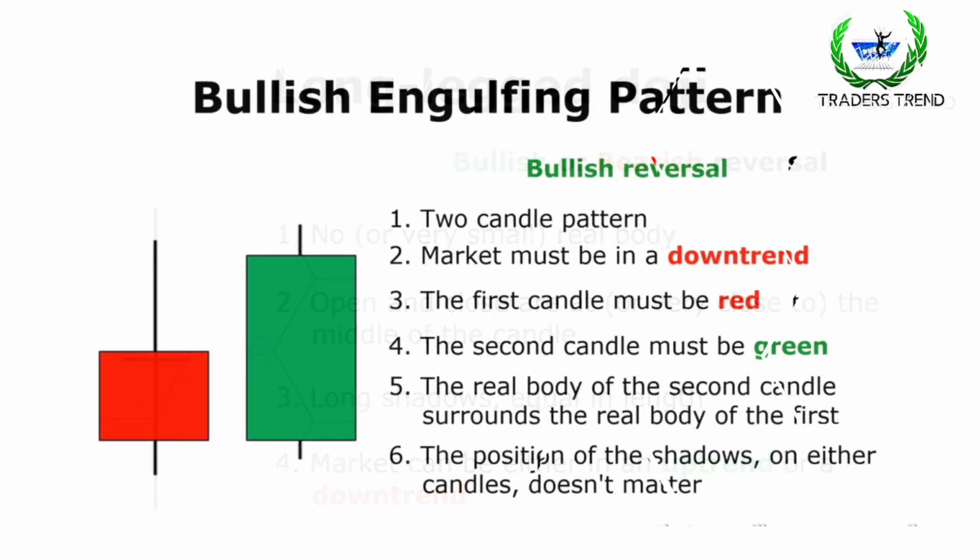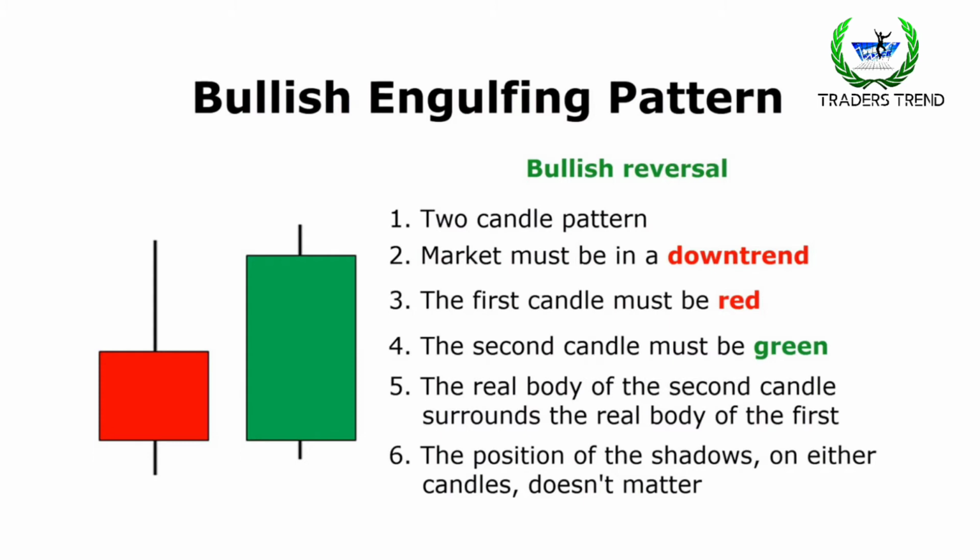And the next one is the bullish engulfing pattern. The bullish engulfing pattern is a bullish reversal pattern. It is a two candle pattern. The market must be in a downtrend. The first candle must be red and the second candle must be green. The real body of the second candle surrounds the real body of the first.